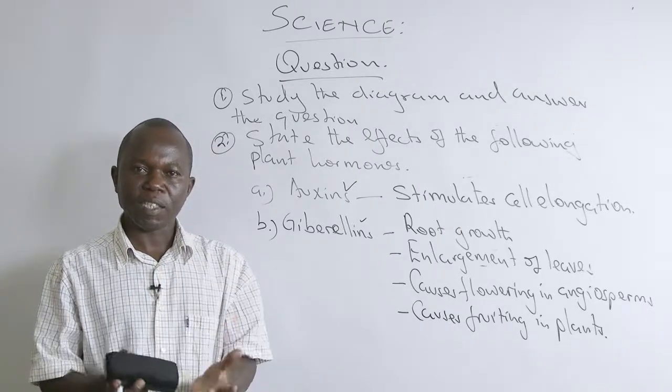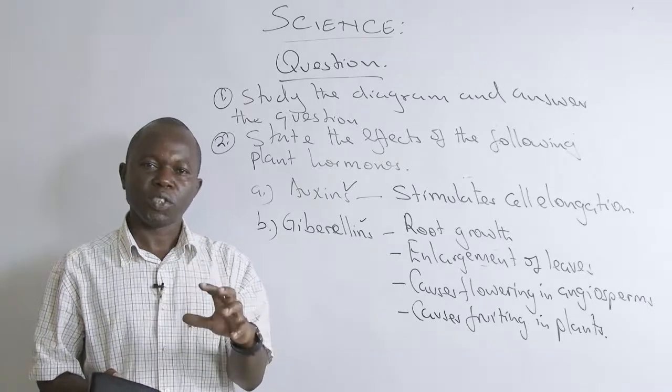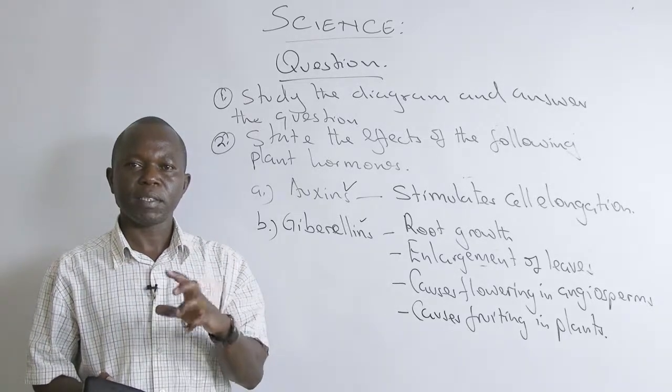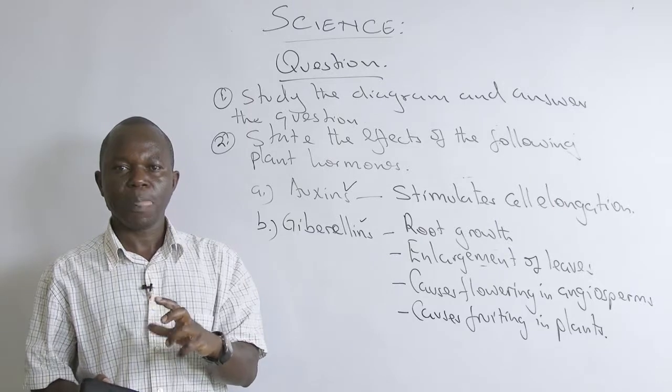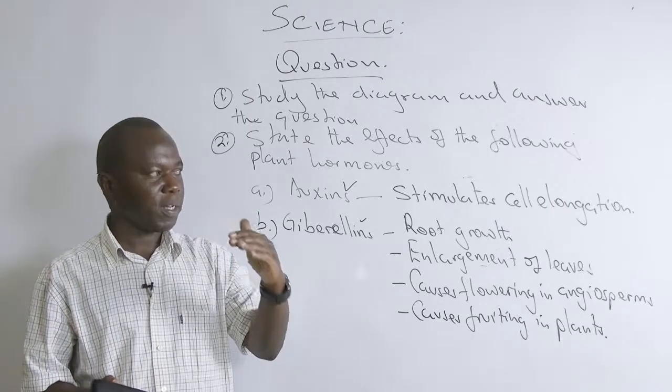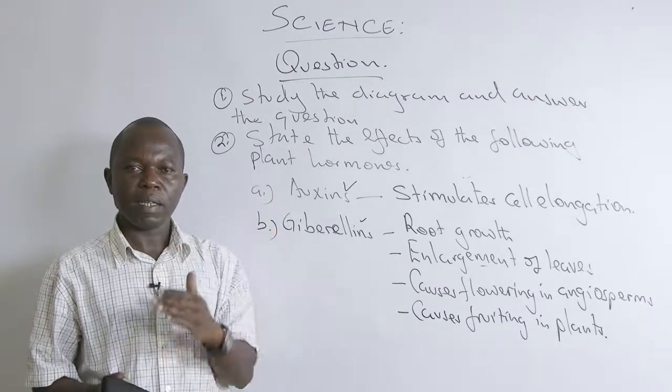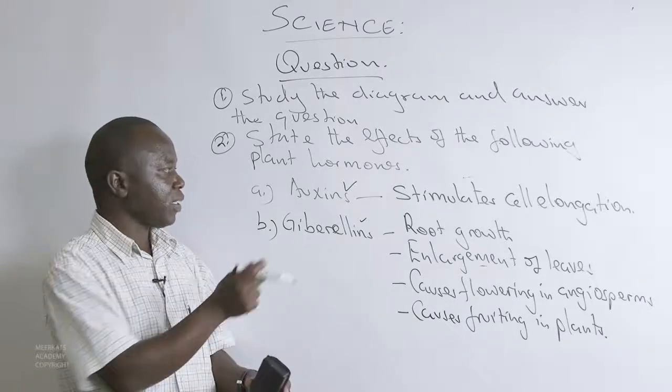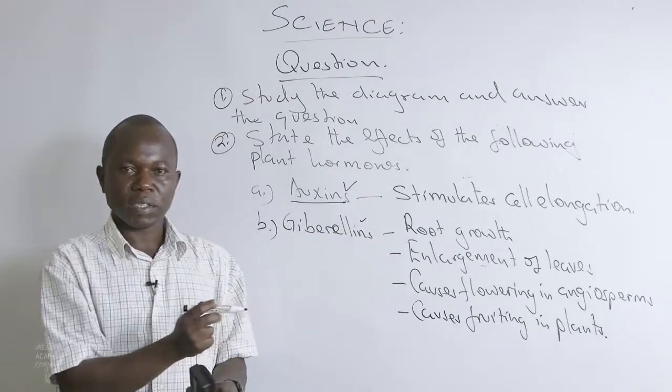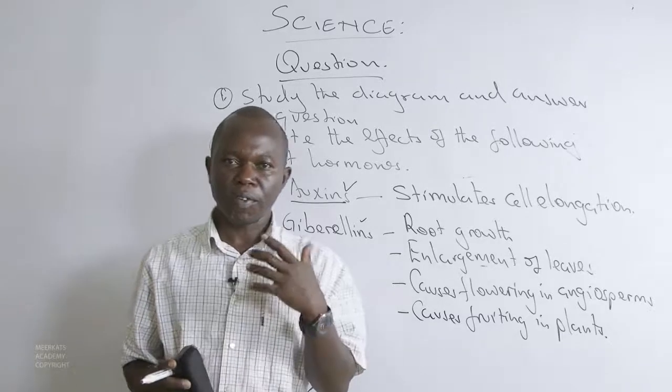But the major factor that brings about those responses in plants are plant hormones. And the major sources of plant hormones are the shoot tip and the root tip, with very major emphasis on auxins. So thank you for listening.